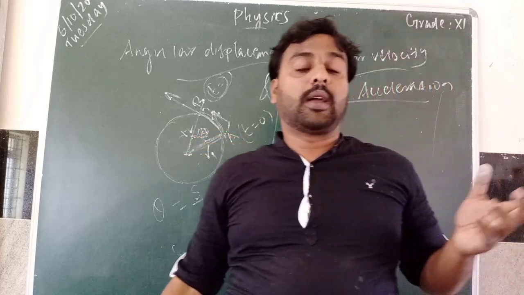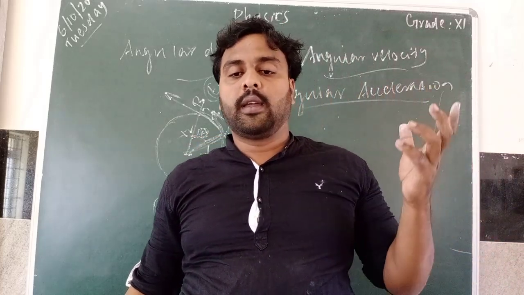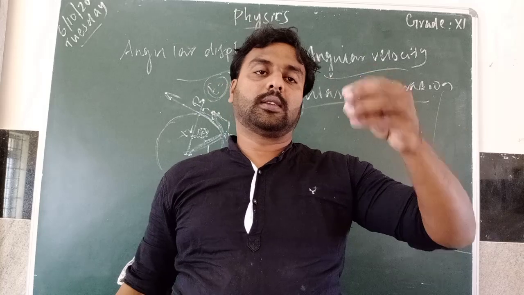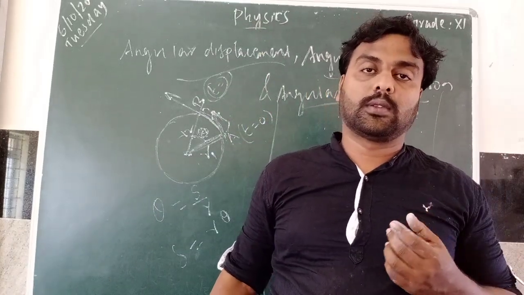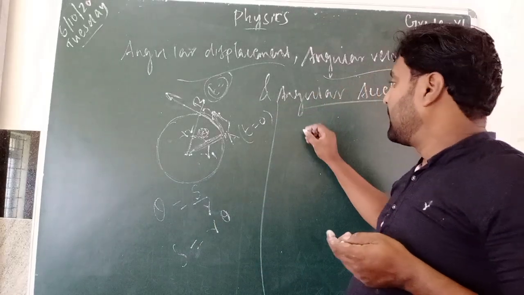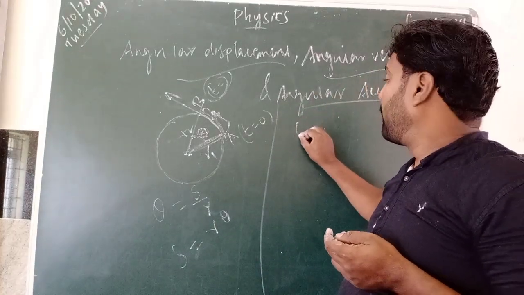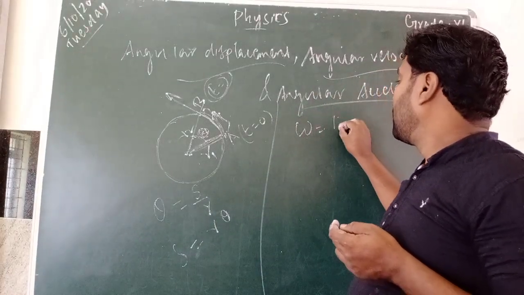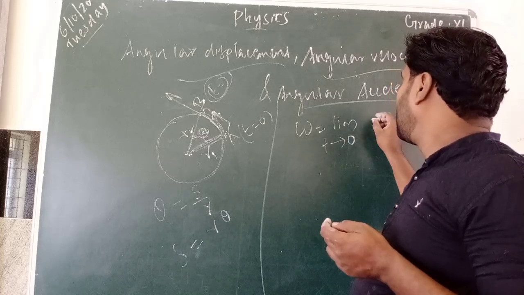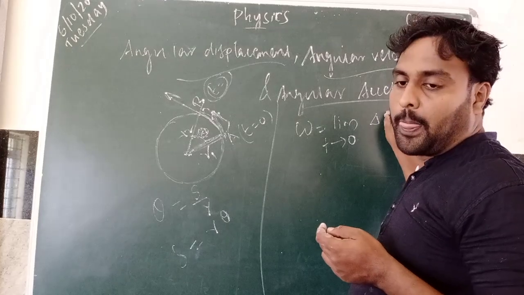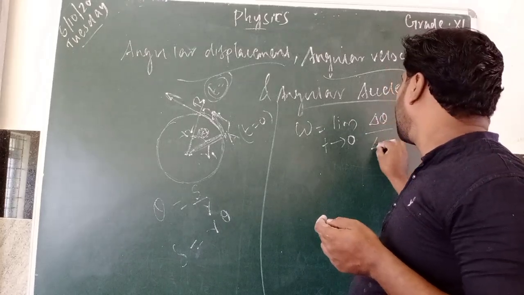So rate of change of angular displacement by time is called angular velocity. And we can write this symbol omega equal to limit time tends to 0 delta theta by delta t.